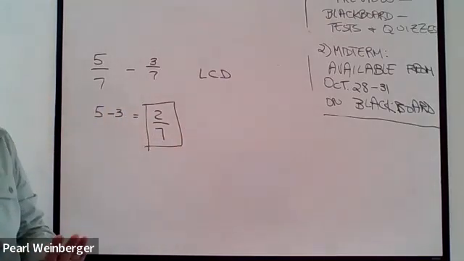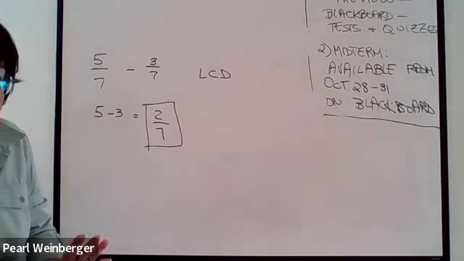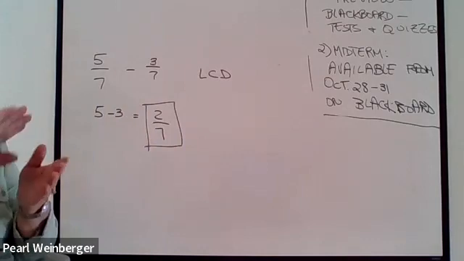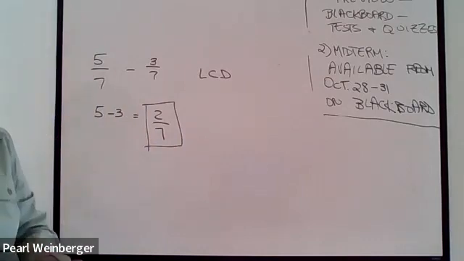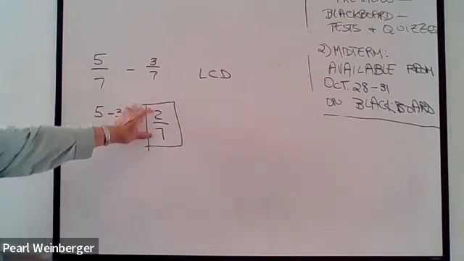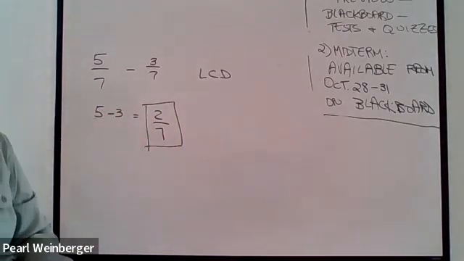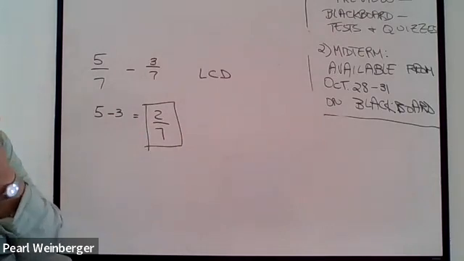Again, as soon as your denominators are the same, you forget about the denominators, you just work with the numerators, or the tops, and whatever answer you get, you put it over the common denominator as your final answer.